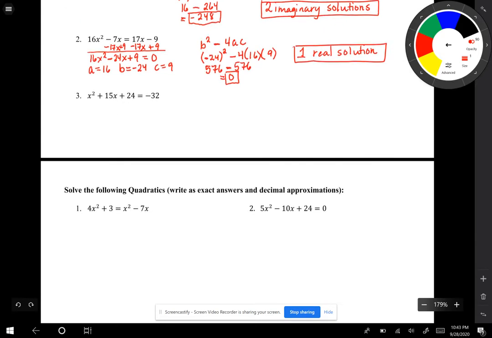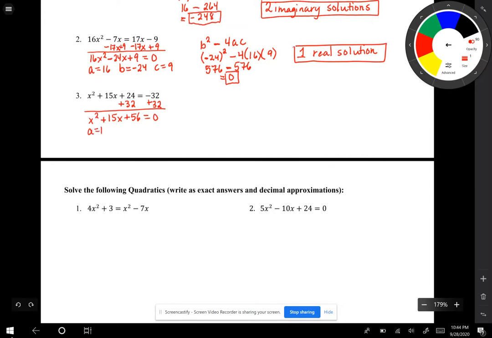And lastly, the only thing that's keeping this from being in standard form is the negative 32, which needs to be moved and added to the left side, and it needs to go under the constant because like terms go under like terms. So you have x squared plus 15x plus 56 equals 0.